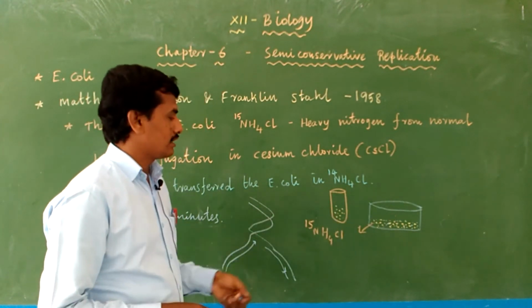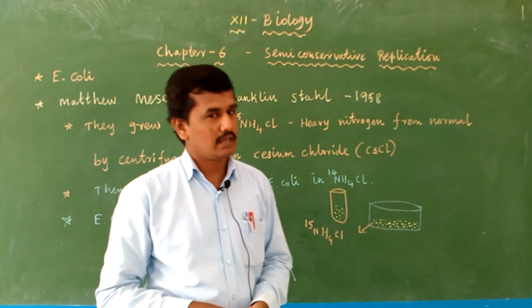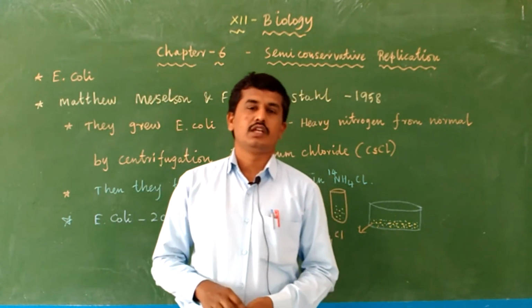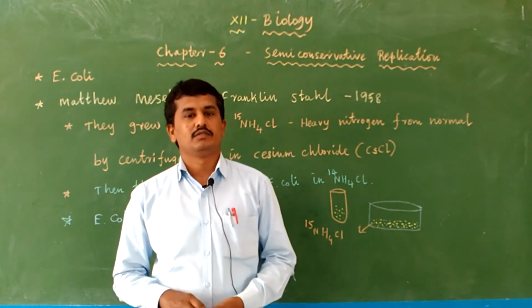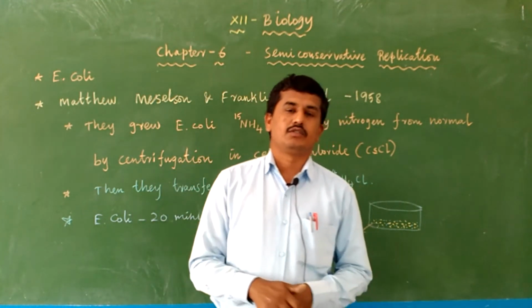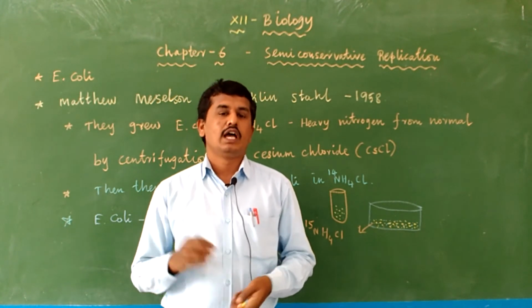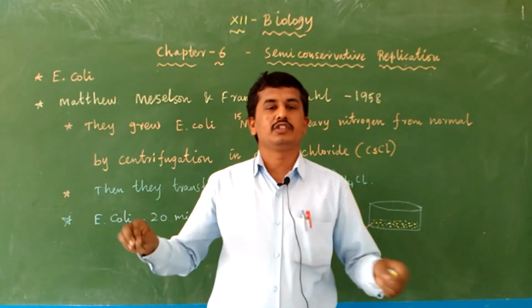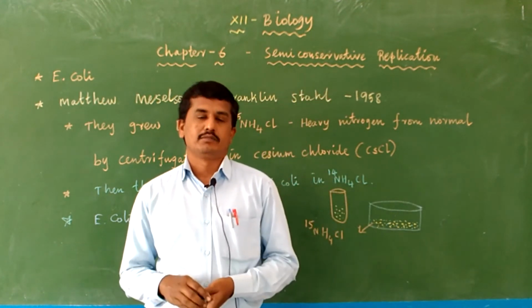Then we put the test tube in the centrifuge machine. We know centrifuges are also present in our laboratory. In 11th standard, for chlorophyll separation, we use the centrifuge machine to separate according to density, and chromatography is used for separating the pigments.